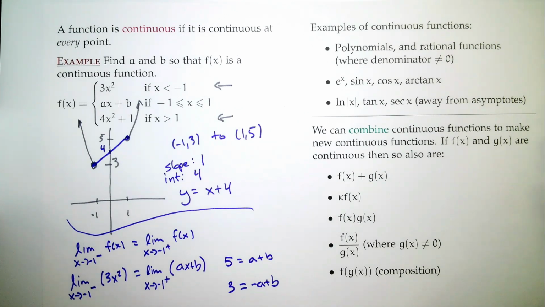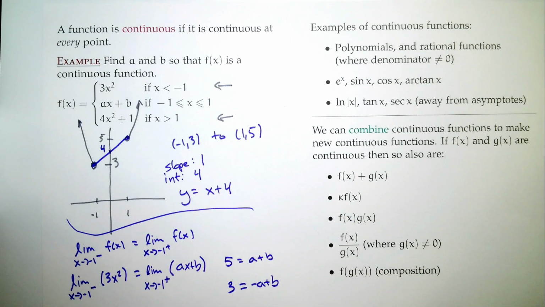Now, the nice thing is we can combine continuous functions. If we have a few building blocks, the next thing is how can we put them together? These look like the same kind of things we talked about with limits, and that shouldn't be surprising. Continuous functions are really defined in terms of limits. So if you have things which are continuous and you add them, still continuous. You can scale continuous functions. That's what's happening here.